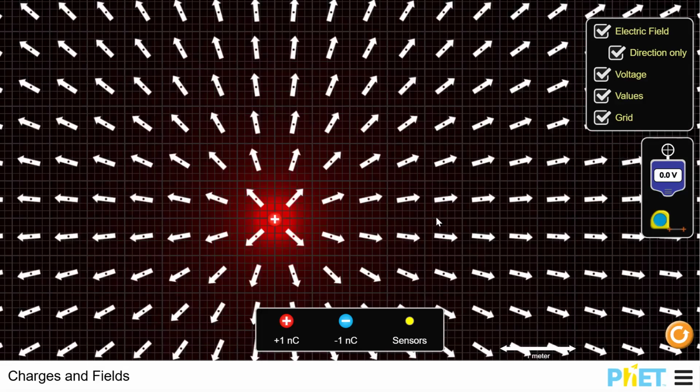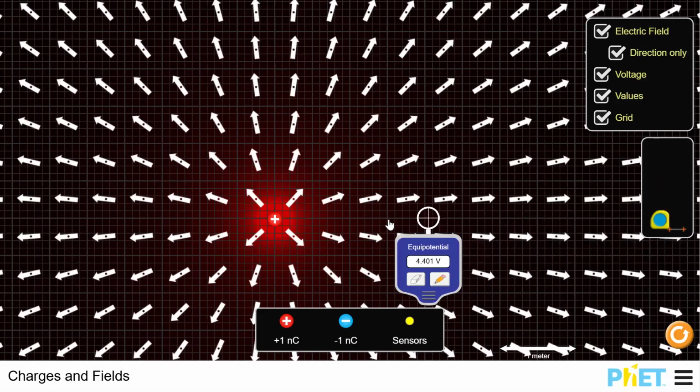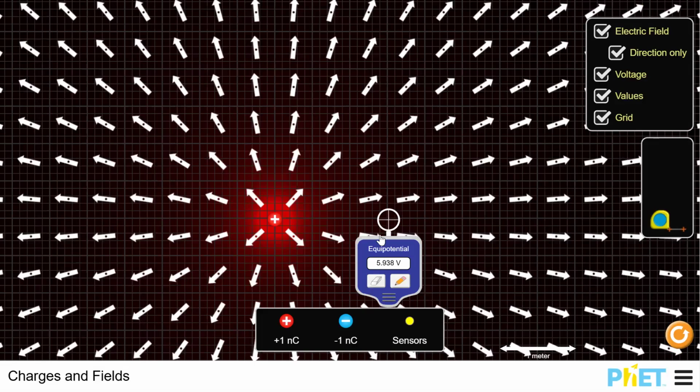Now I will place that potential tool here. Now I will draw one circle here. Here you can see the potential is 5.938. So we can take 5.9.